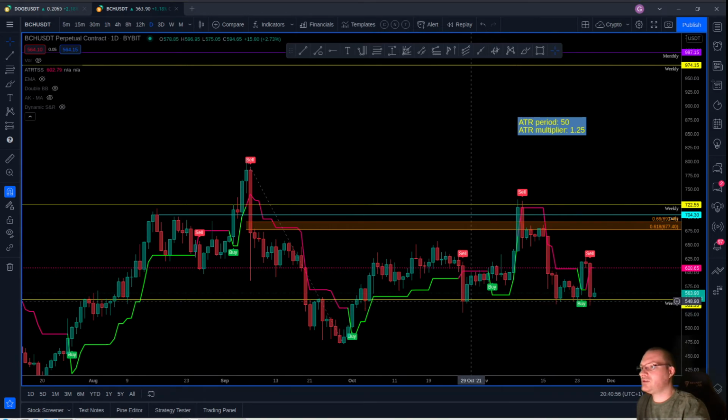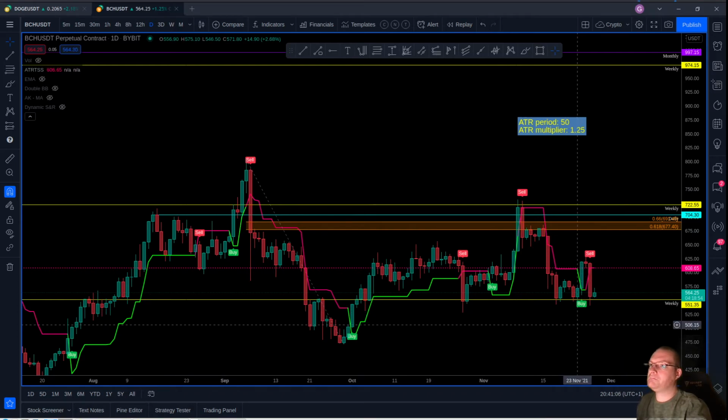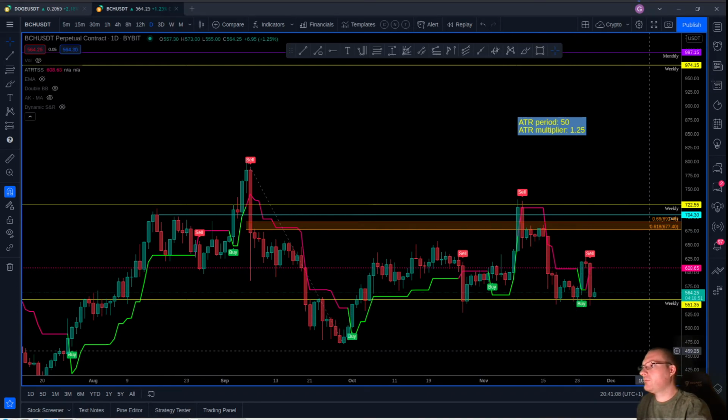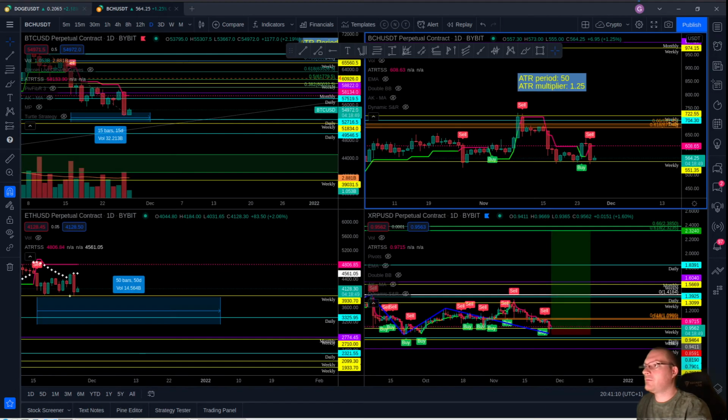It was already touched several times, and it's still holding quite well, I must say. So the weekly is at 551. So maybe if I see some nice setups in the future, like a harmonic pattern, then I might trade this one. But for now, I'm not doing anything with this anymore.